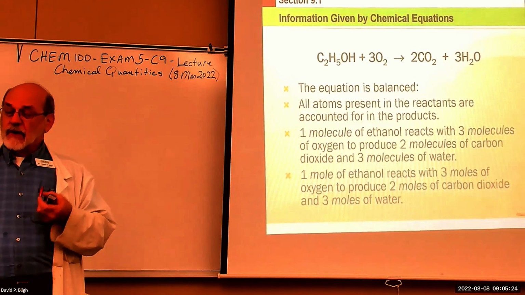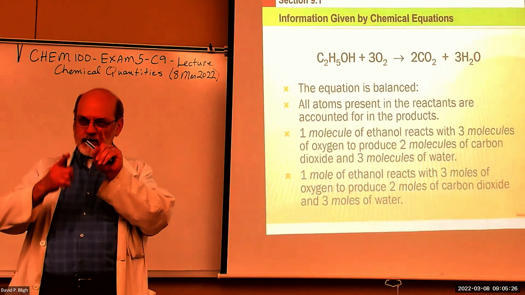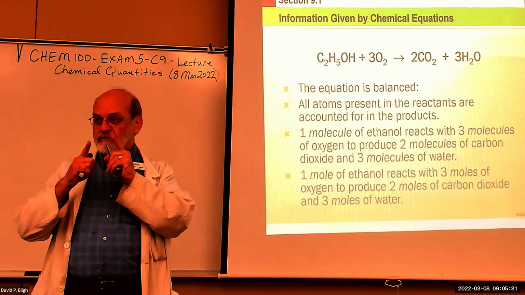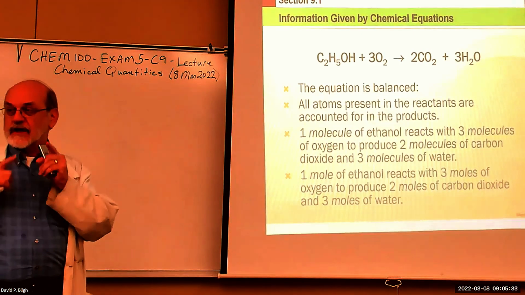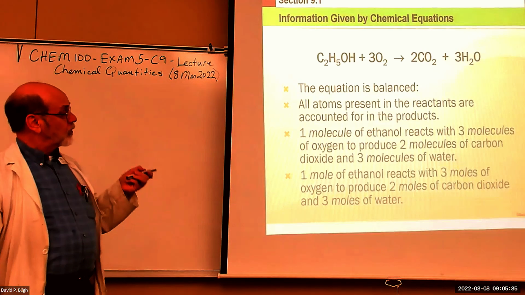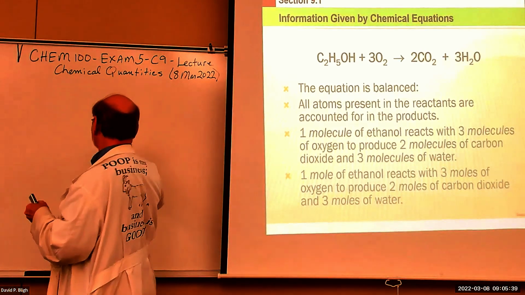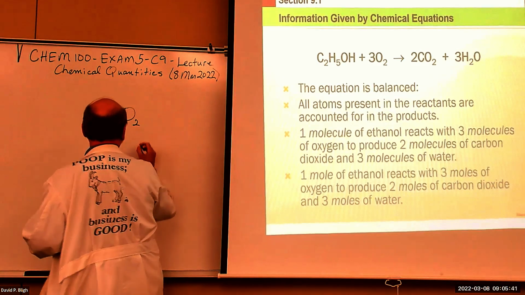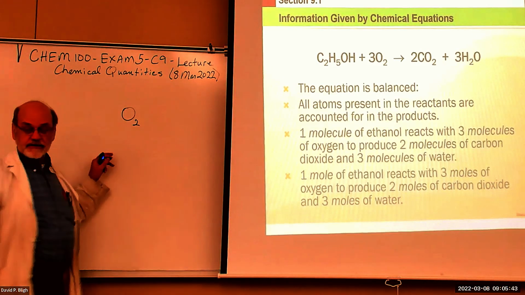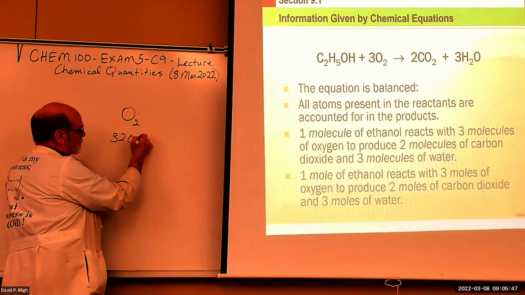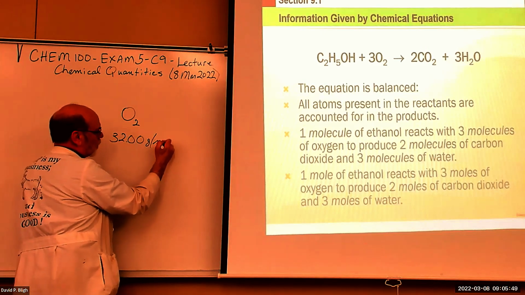The advantage of using moles is there's a direct conversion between moles and mass based upon the elements and the formulas. So with oxygen, the molar mass of oxygen would be 2 times 16, because 16 is the molar mass for each oxygen. So we have 32 grams per mole.